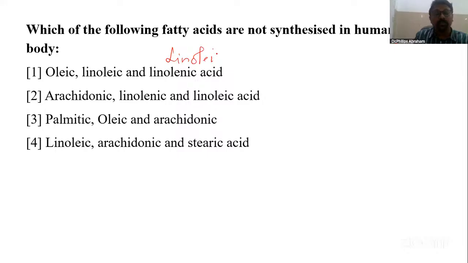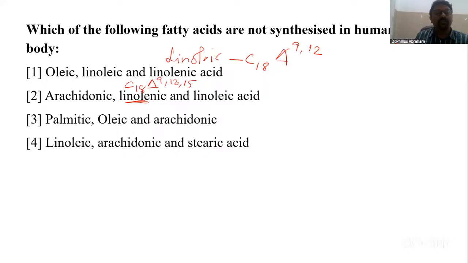Let me write that. Linoleic acid first: C18, double bonds at positions 9 and 12. And linolenic acid: C18, double bonds at positions 9, 12, and 15.